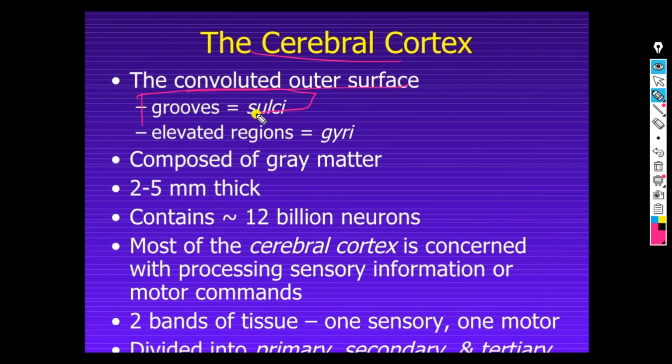The cerebral cortex is the convoluted outer surface, with grooves called sulci and elevated regions known as gyri. It is composed of gray matter, 2 to 5 mm thick, and contains approximately 12 billion neurons. Most of the cerebral cortex is concerned with processing sensory information or motor commands. Two bands of tissue, one sensory, one motor, are divided into primary, secondary and tertiary.